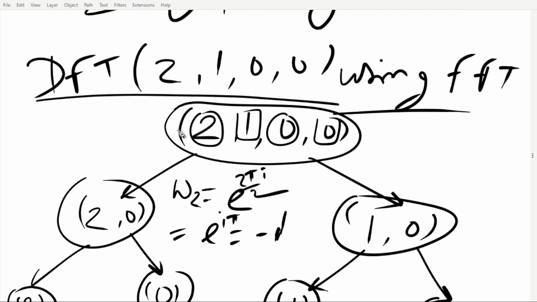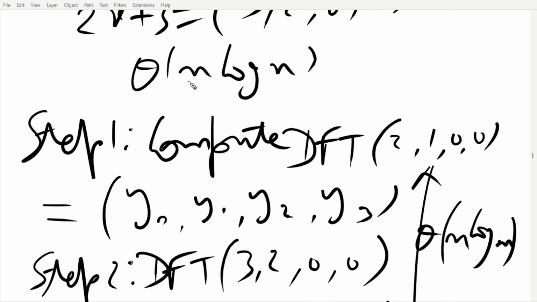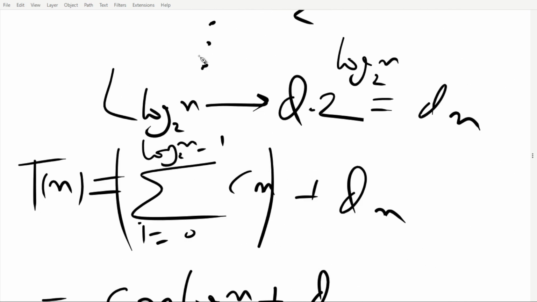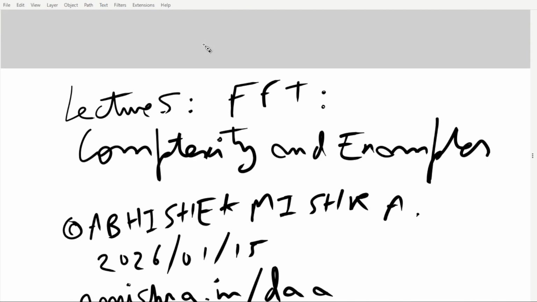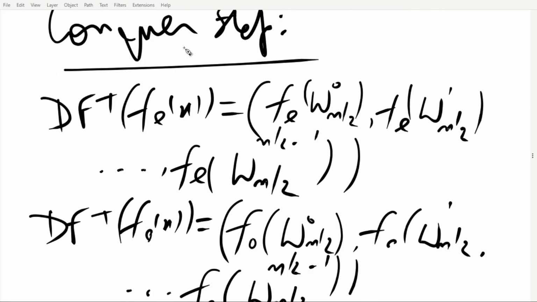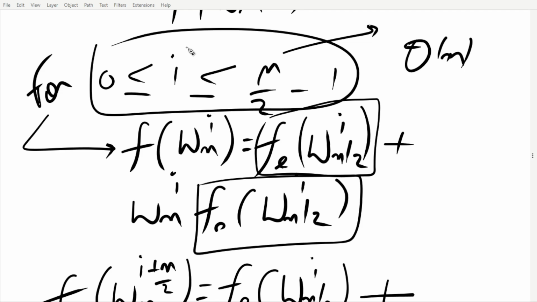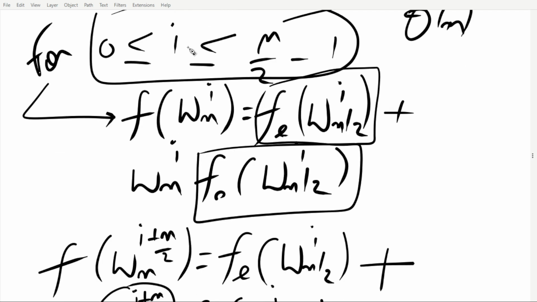So once again, just see our original equation, how to combine. We have this. So first half we use this. The corresponding DFT values are combined with omega n to the power i values.